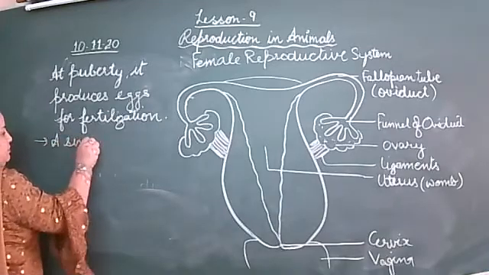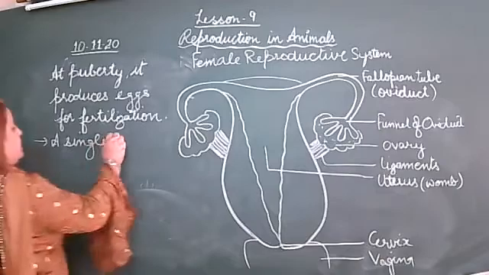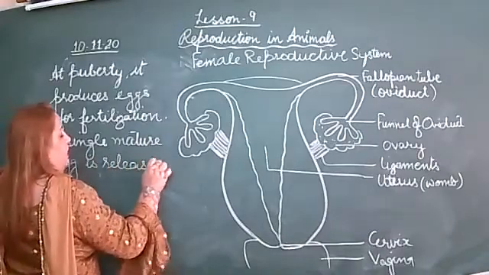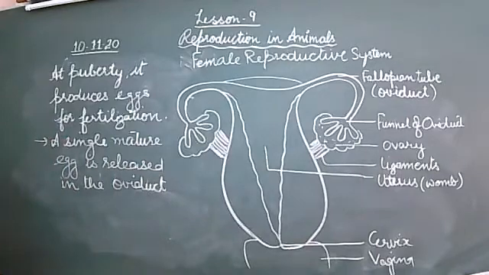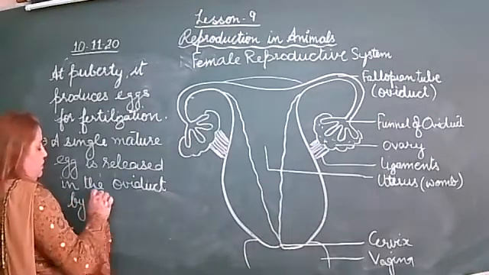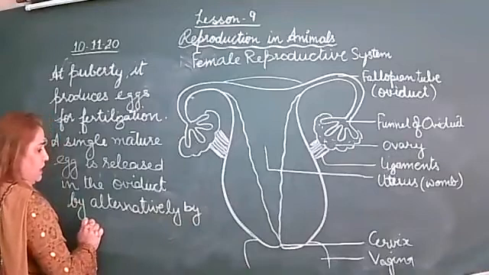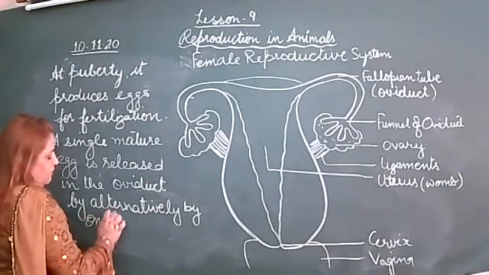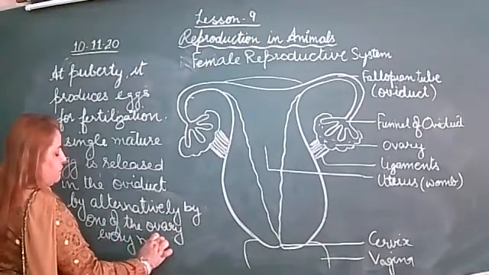A single mature egg is released in the oviduct alternatively by one of the ovaries every month.